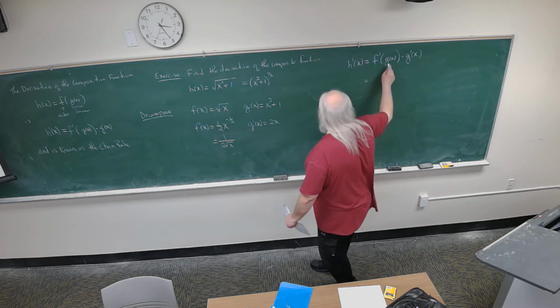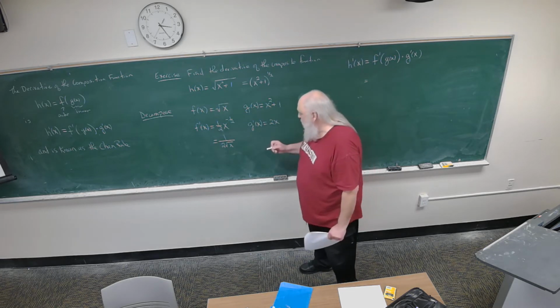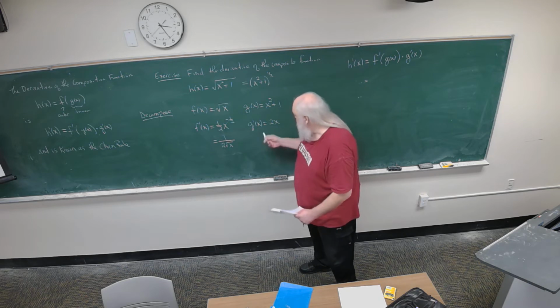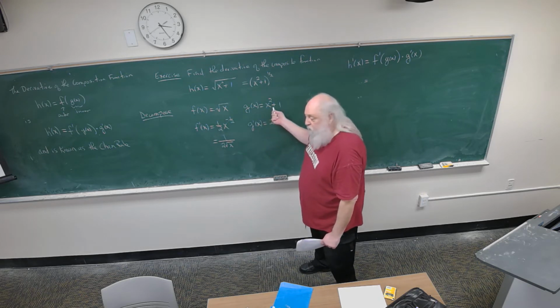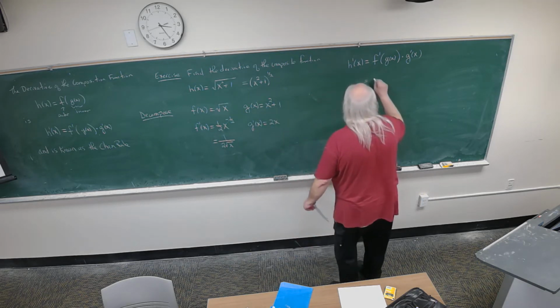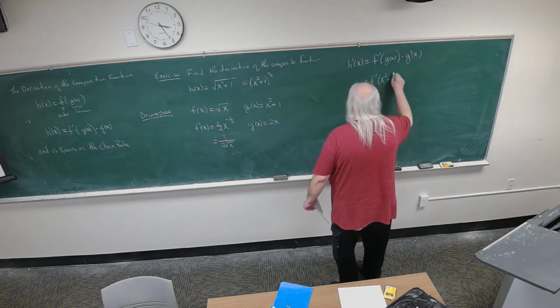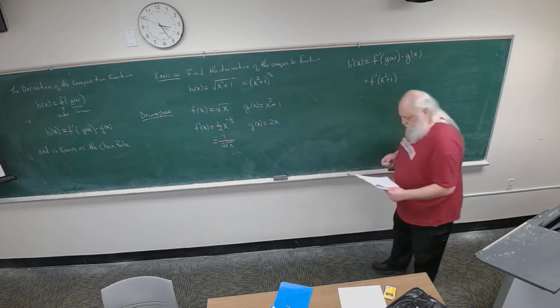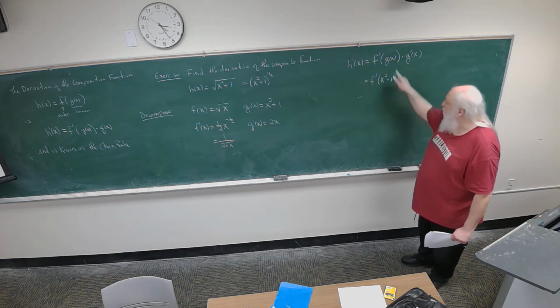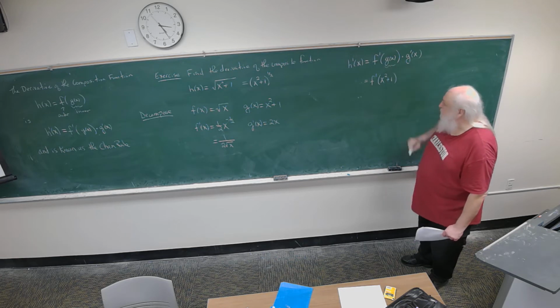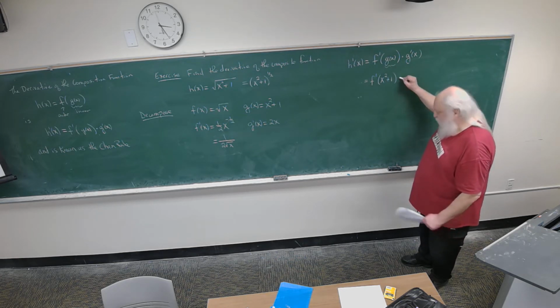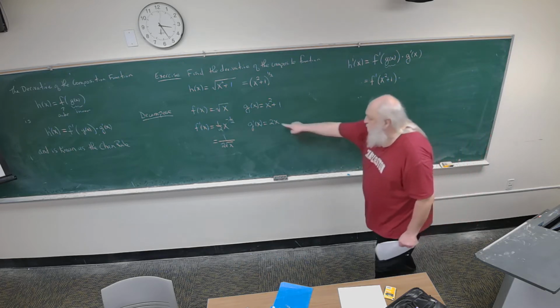And now we evaluate f prime at g of x. What's g of x? X squared plus 1. Well, let's fill it in, right? So this is f prime evaluated at x squared plus 1. Right? That's what g of x is equal to, right? X squared plus 1. And then g prime of x is equal to 2x.